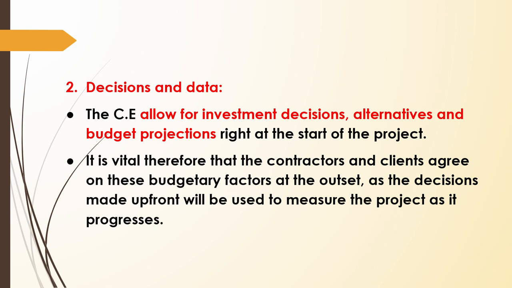Okay, from where, if you have to take a bank loan or you have to invest some amount in a bank and take the interest for making the building within some stipulated time. So what decision you should take, those decisions are taken based on this cost calculation. So that is the second principle, decisions and data.